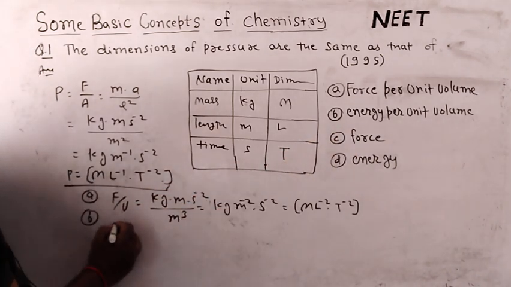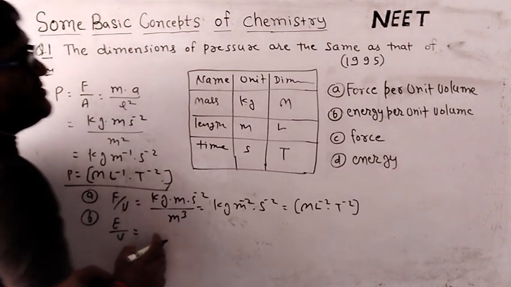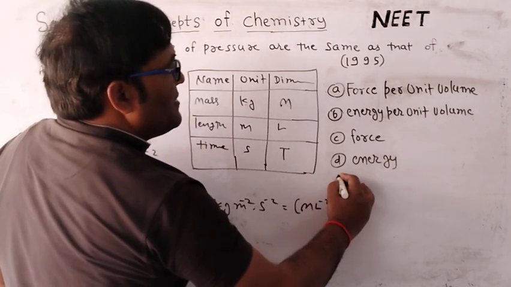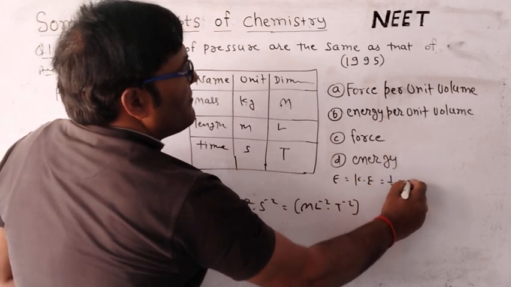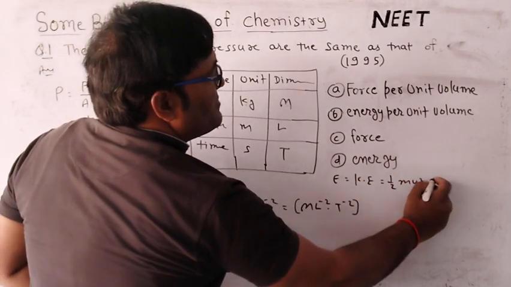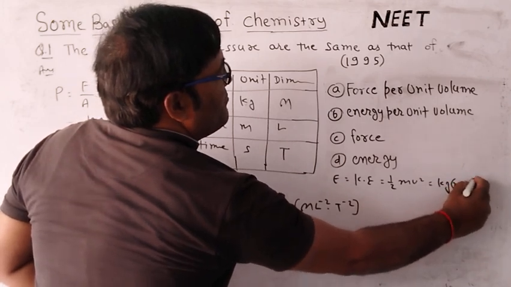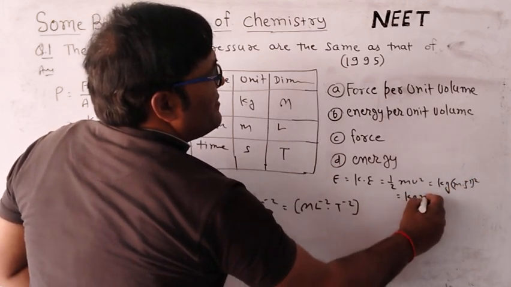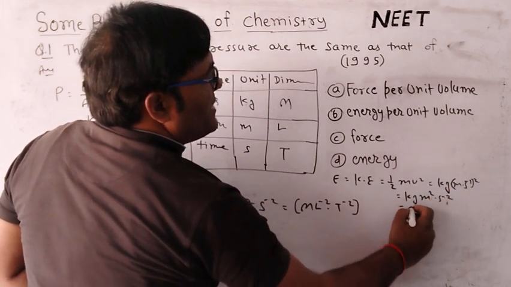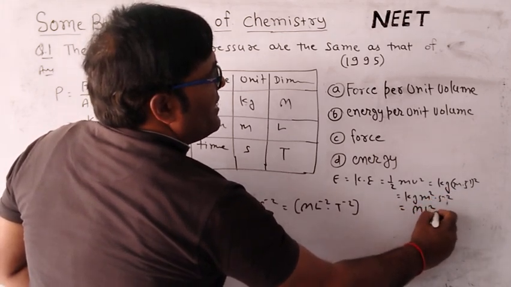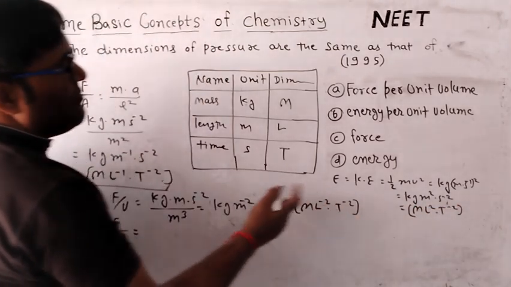After that we will discuss option B, which is energy per unit volume, energy by volume. So what is the unit of energy? Energy means kinetic energy, half mv square. So mv square means kg meter per second whole square. So finally kg meter square per second square. Now in terms of dimension, M L square T inverse square. This is the dimension of energy.